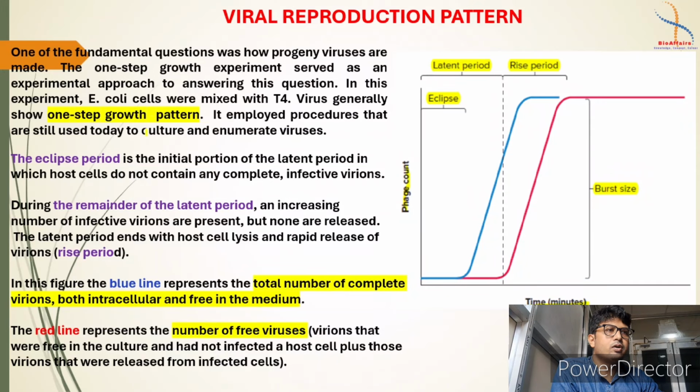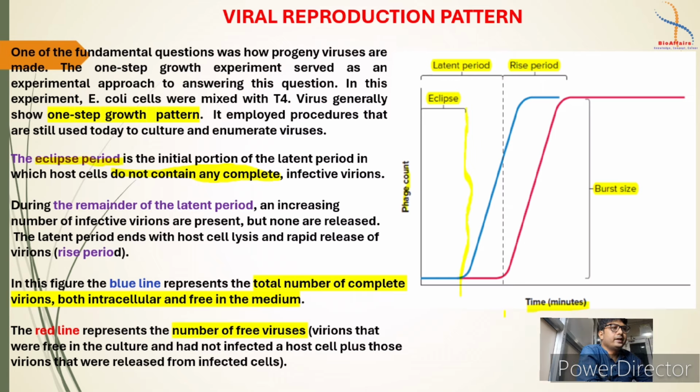That is why the eclipse period is the initial time in a particular environment. It may differ from virus to virus, bacteria to bacteria, or animal cell to virus relations. So here there is no complete virion. Complete means the genome with its outer capsid structure, or envelope structure.